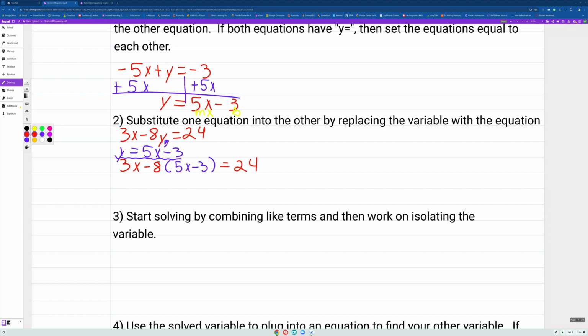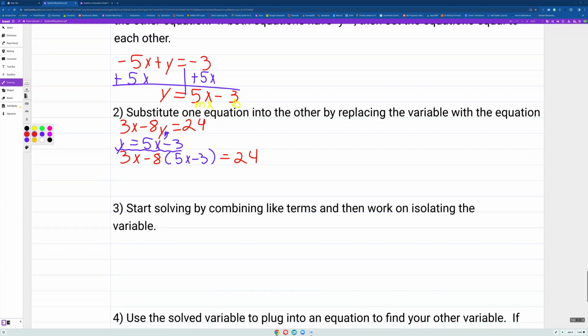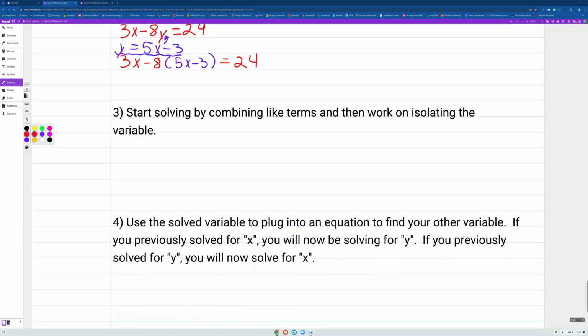My next step is now I'm going to go ahead and solve. I'm going to distribute. I'm going to combine like terms. It's going to be a great time. So we're going to start by rewriting my equation. And now I'm going to start solving. So I'm bringing down my 3x, but I know I have to stop because I have to distribute.